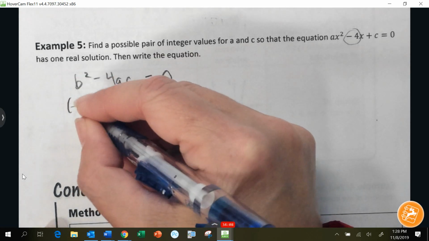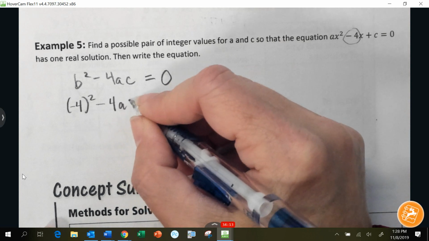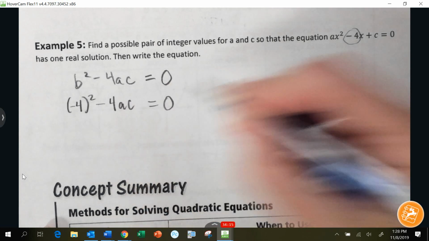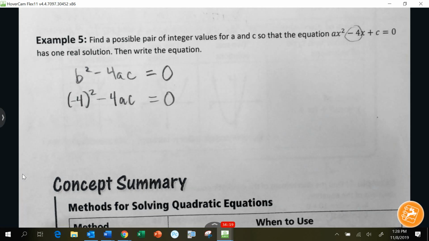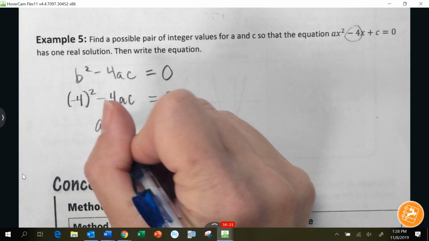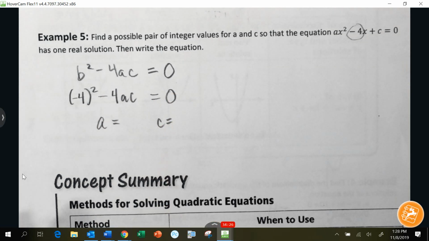So if I do negative 4 squared minus 4ac, I need it to equal 0. Without consulting anybody else, you're going to come up with what you think a and c could be. Without yelling it out, you're going to come up with those.